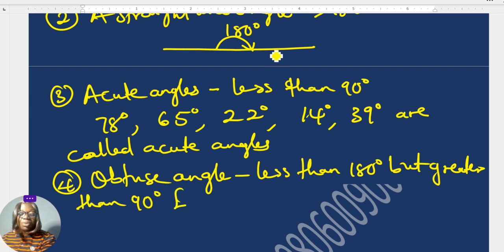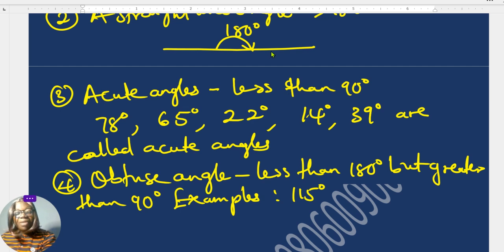So examples are 115 degrees. So 115 degrees is greater than 90 degrees but less than 180 degrees. So 115 degrees is an obtuse angle. 128 degrees is an obtuse angle. 144 degrees is an obtuse angle, and so on.